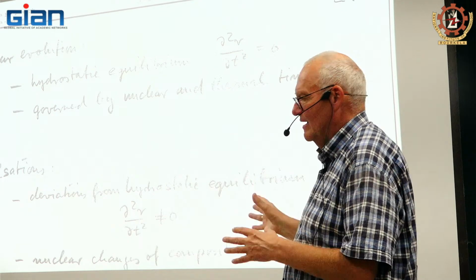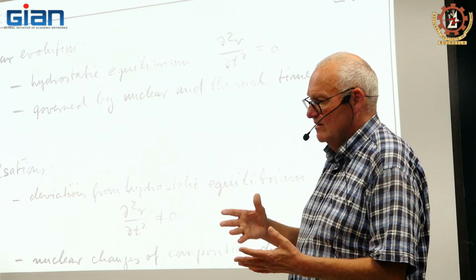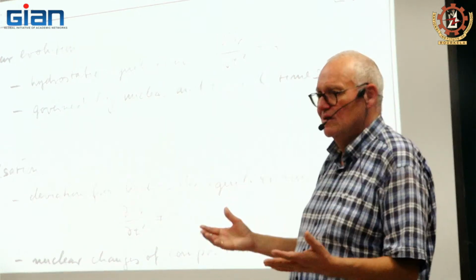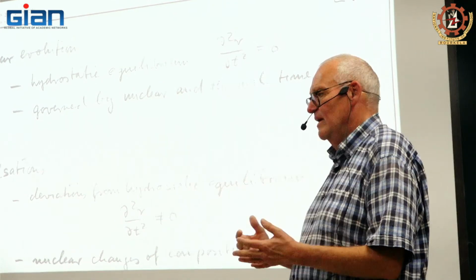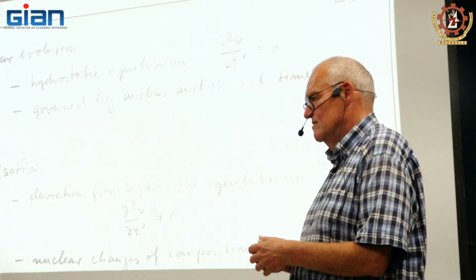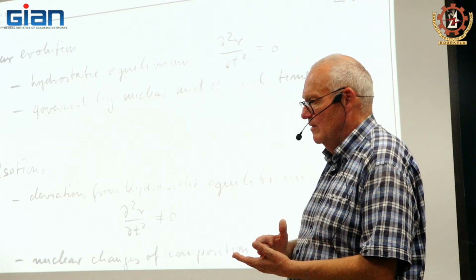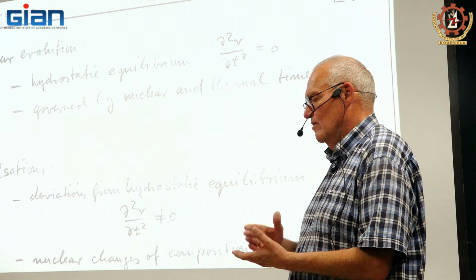The thermodynamics does not play a role for the mechanical structure, for the equilibrium, because the pressure is made up only by the degeneracy pressure of the electrons. In that sense, you can separate the mechanical equations and the equations for energy transport.